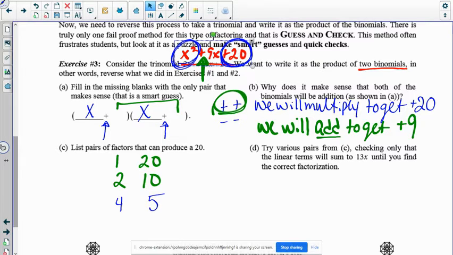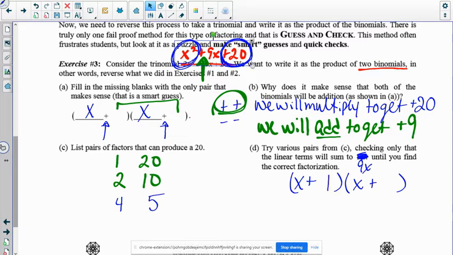Are those all the factors? I think so. All right, so try various pairs from C, checking to find linear terms that will sum to 9x, until you find the correct factorization. So this is where we're going to try different numbers. I promise that this turns into less guessing and more smart guesses as you become more fluent with this.